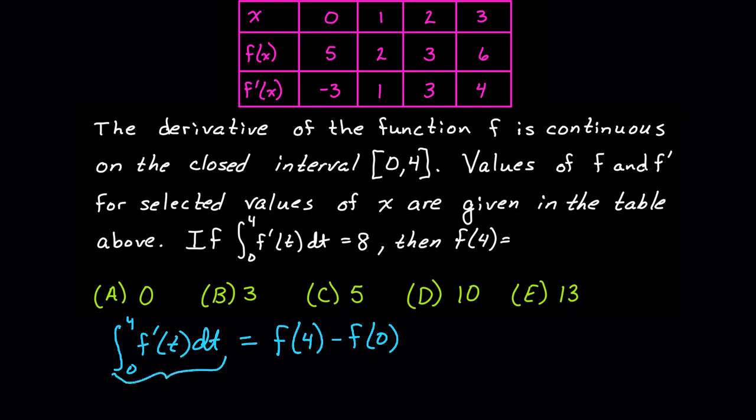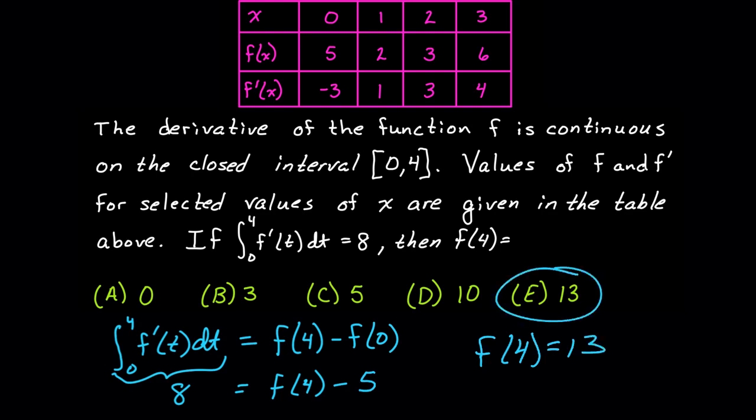We know this is 8. That was given to us. F of 4 we don't know because that's what we're looking for. We'll leave that as f of 4. Well, f of 0 we can get from our table up here. F of 0 is 5. So adding 5 over to the other side gives us f of 4 is equal to 13.